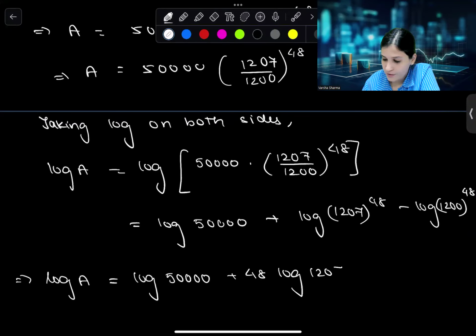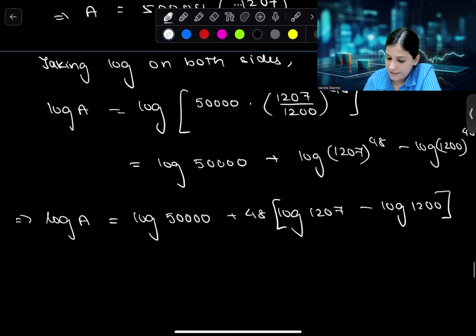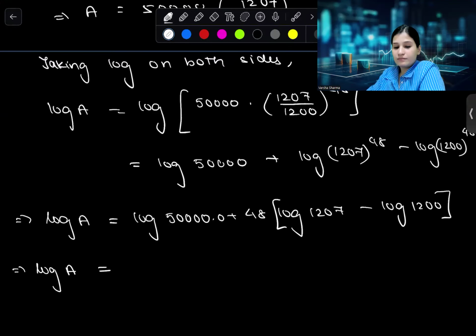Log 1207 minus log 1200, multiplied by 48. Let's find these values. Log 50,000: the characteristic will be 4, and you need to see 50 in the log table, which is 0.6990.